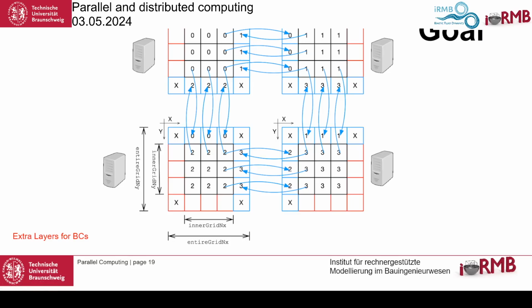The ghost layer acts as a boundary condition. We do this in all the different directions, wherever we cut. Then we do the communication, where we do the sending and the receiving.